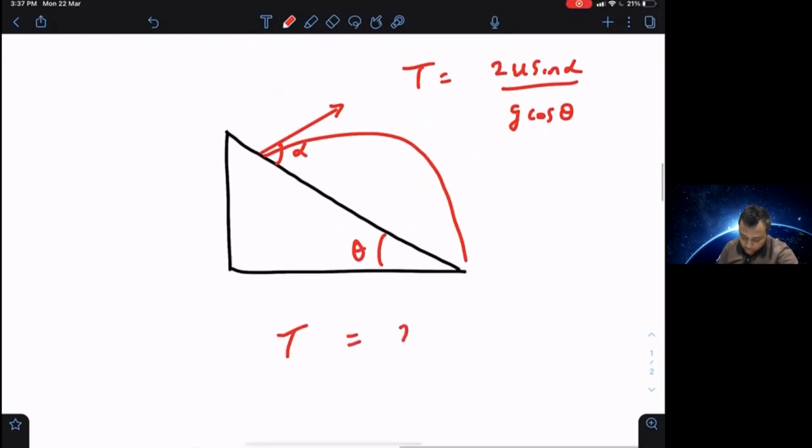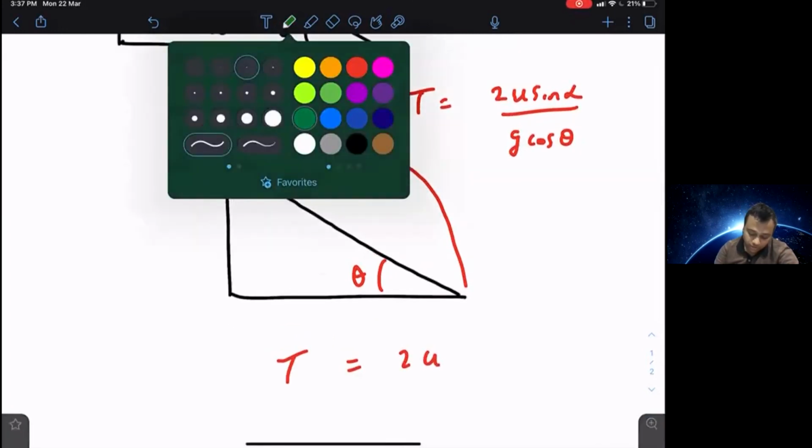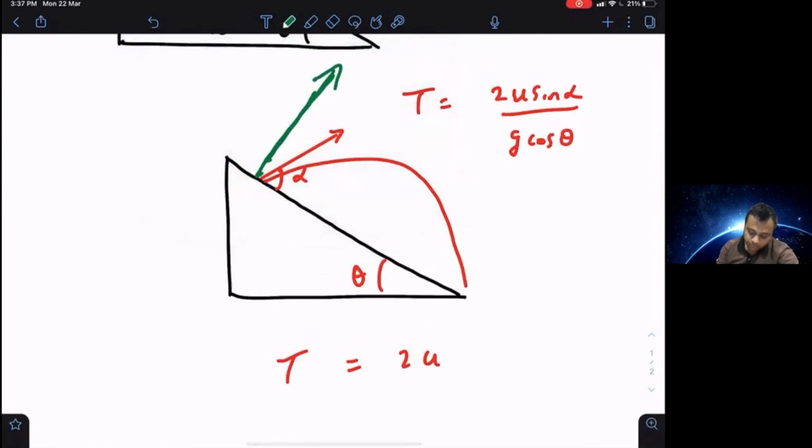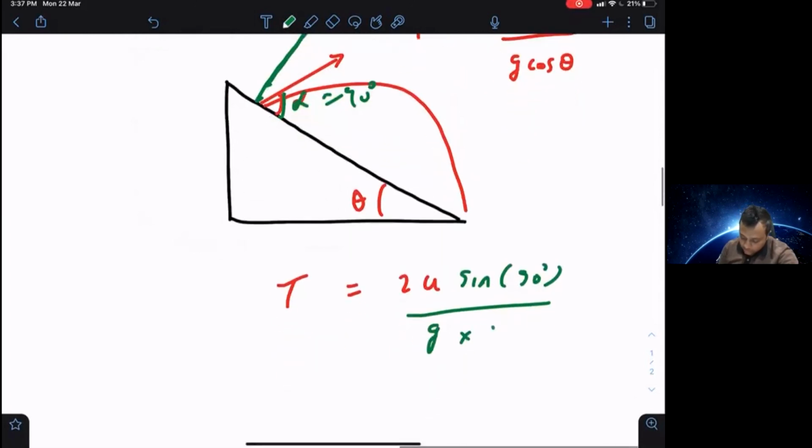In this question, we have already figured out that it should be projected perpendicular to the inclined plane, so alpha is 90 degrees. So sin 90 degrees divided by g cos theta, where theta is 60 degrees for the inclined plane.